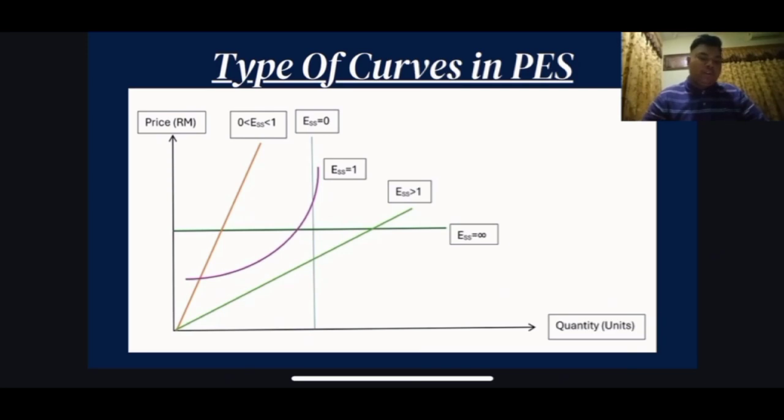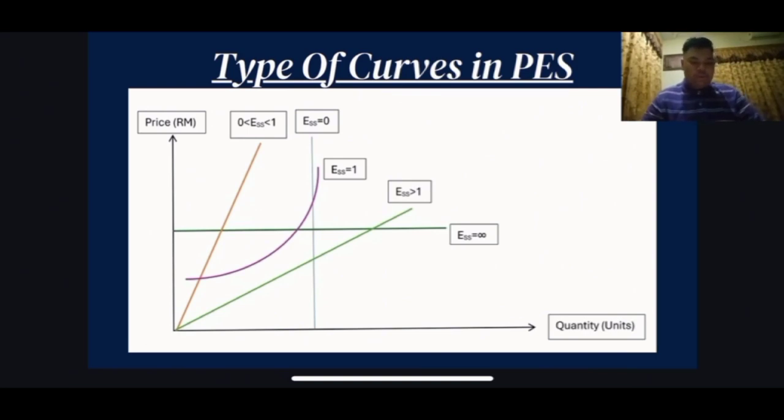The first one is PES is more than 0 but less than 1. This we call inelastic supply. Then we have PES equals 0, and this we call perfectly inelastic supply.